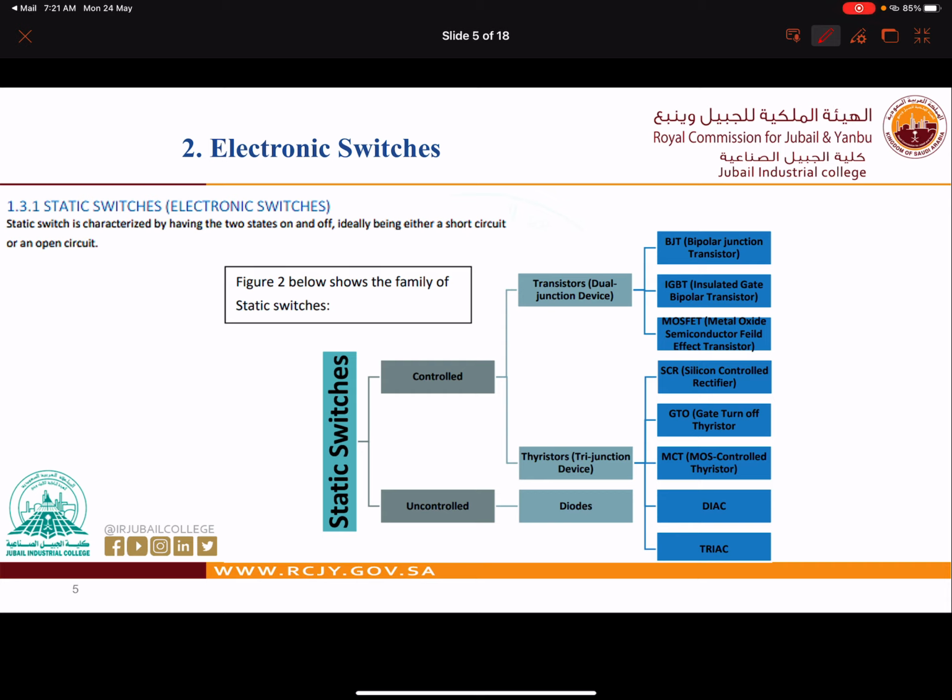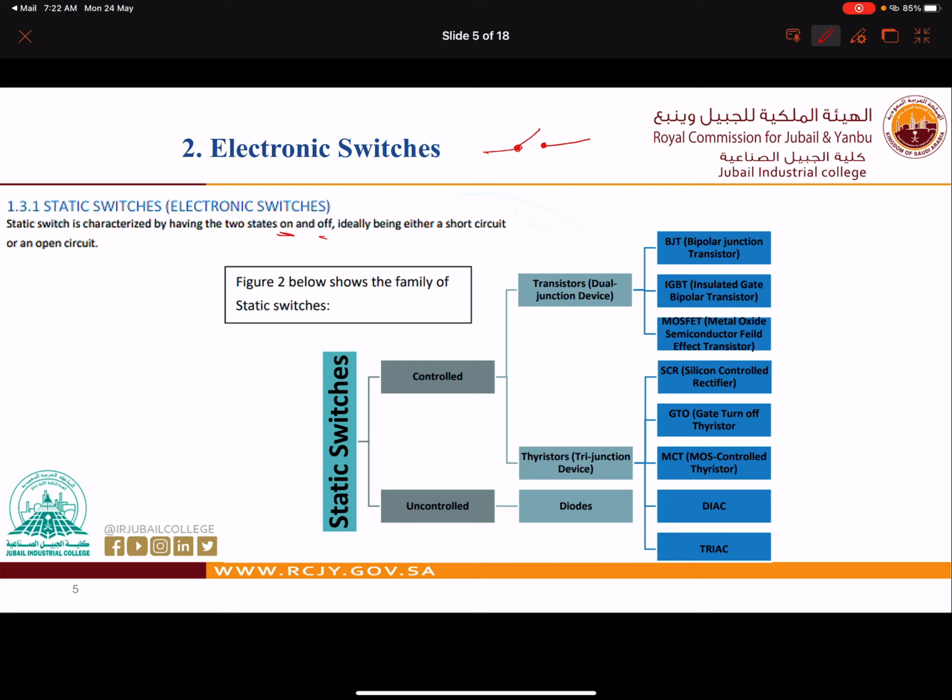Now, for the static switches, or we can call them electronic switches. From the name, they are electronic switches. Those switches are characterized by having two states, which are on and off. It is like a normal switch, right?